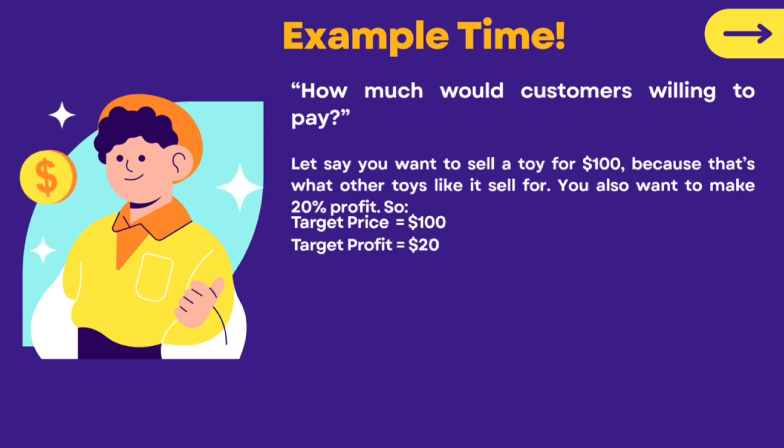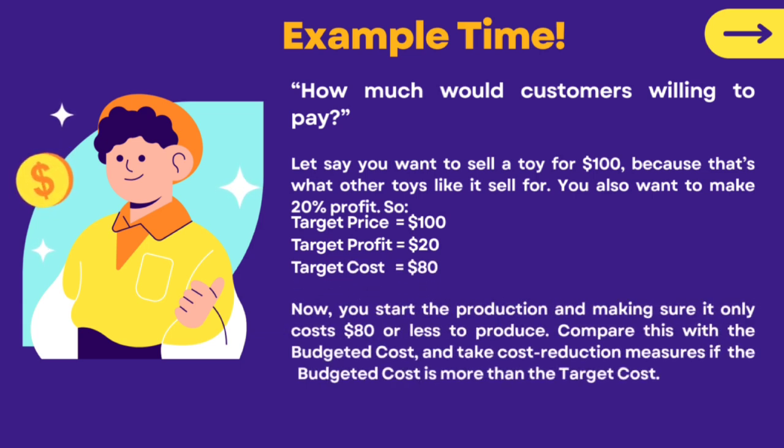So your target profit will be $20. After deducting profit from the selling price, you will get a target cost of $80. Now you start the production and make sure it only costs $80 or less to produce. Compare this with the budgeted cost and take cost reduction measures if the budgeted cost is more than the target cost.